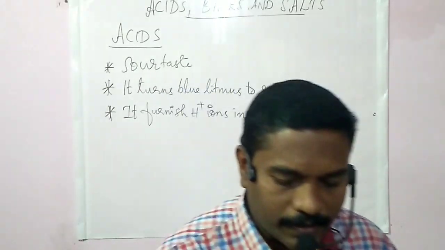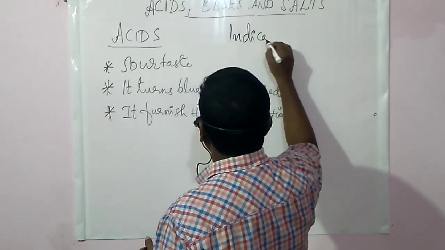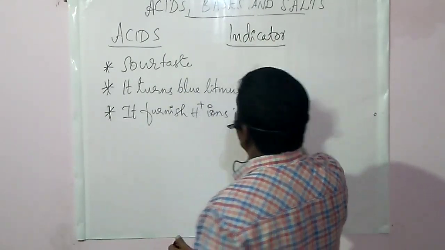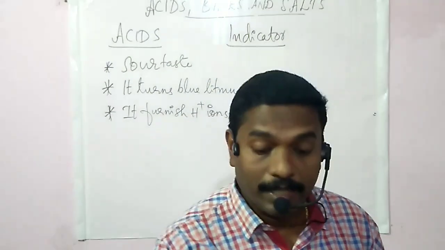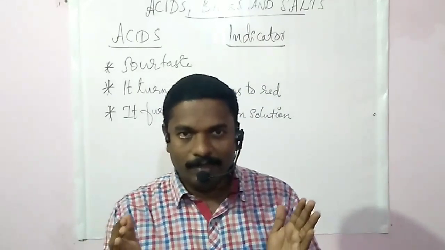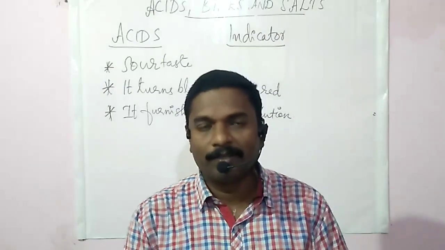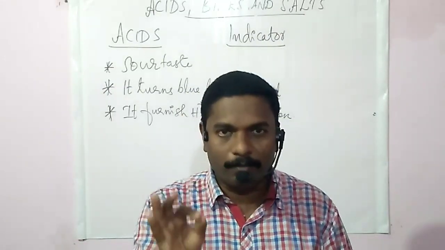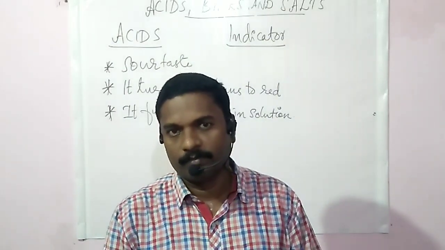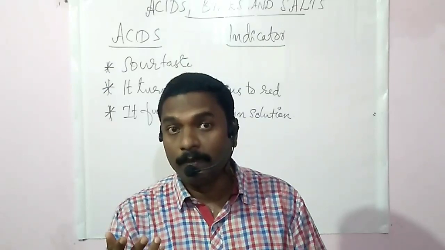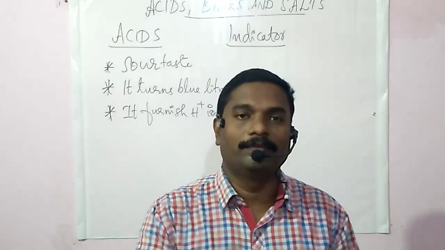Such substances are called indicators. So what's an indicator? Indicators are the substances which are used to check whether a given compound is an acid or a base, by their color change or by their smell.